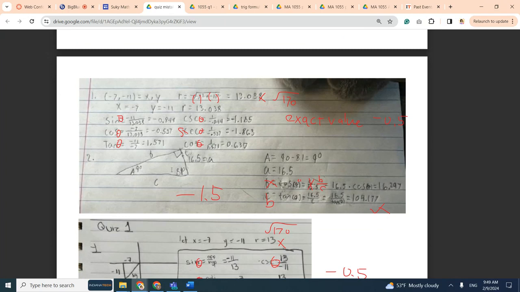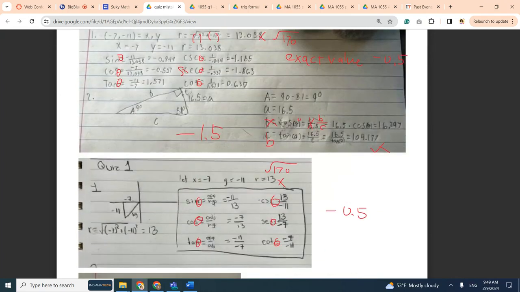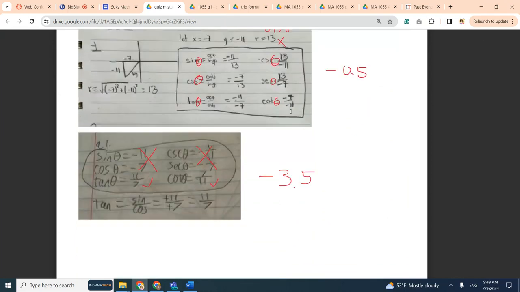When you write down the trig function, make sure you have the angle. Angle is the input, so put the theta there. And also here, not 13, don't round it, exact number. And here, draw the picture. Figure out the x, y, and r.